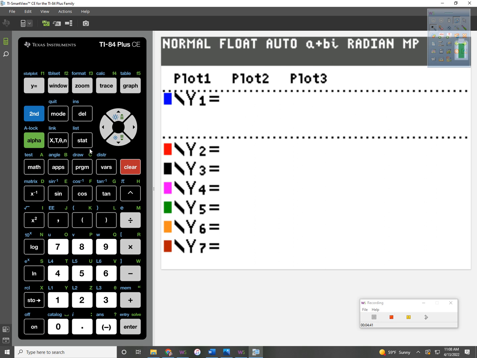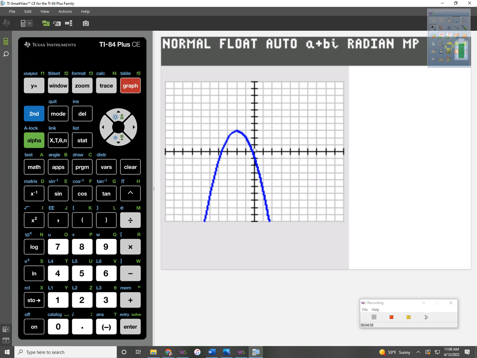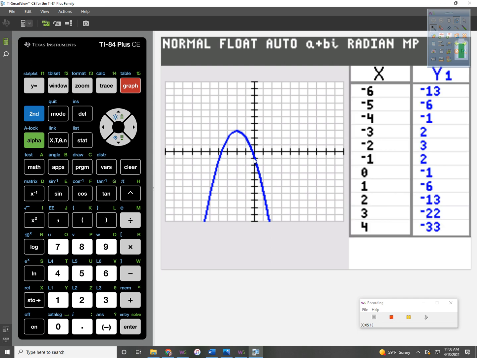So I have a negative x squared minus 4x minus 1. I see that my vertex is at the point negative 2, 3, so I like that point. I'm going to choose that. I also see that I have a point here at negative 1, 2, and a point at 0, negative 1.